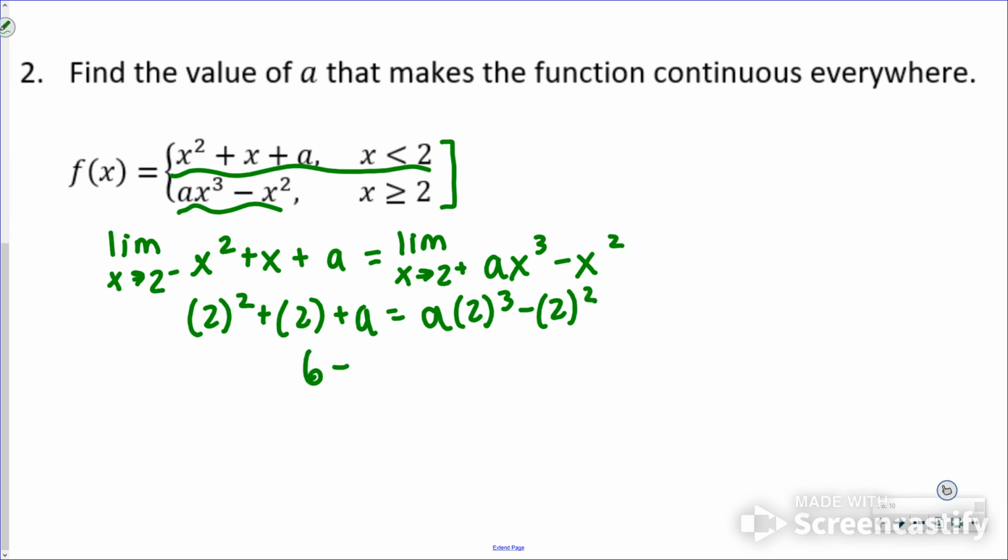All right, so here I get 6 plus a. Here I get, let's see, 8a minus 4. Solving that, I got a to be 10/7.